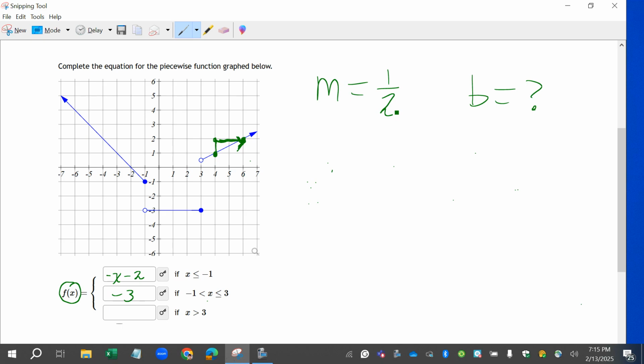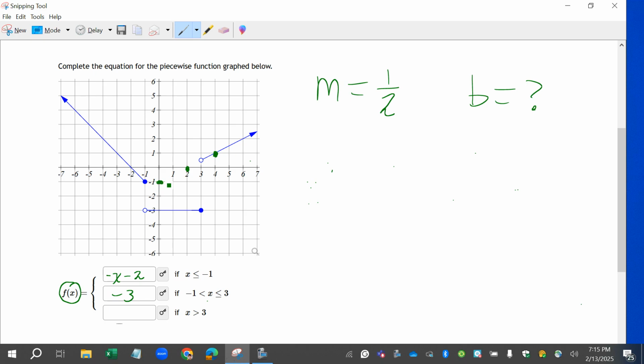What about my b? Well, now that I know what my slope is, it will help me to extend this graph because I can take that convenient point on the grid line intersection and I can count down and backward. So I'm just reversing the rise over run, doing it in reverse: down one and back two.